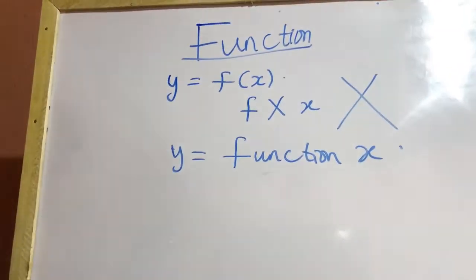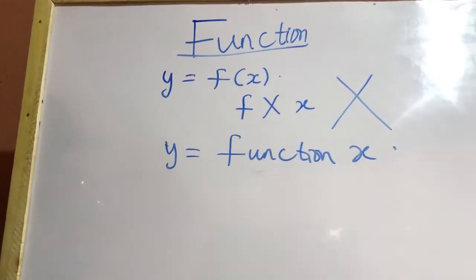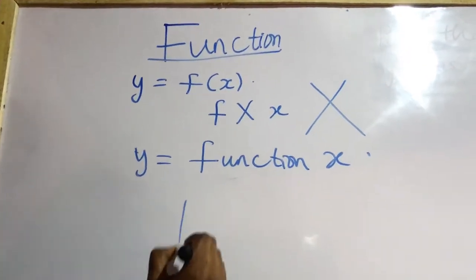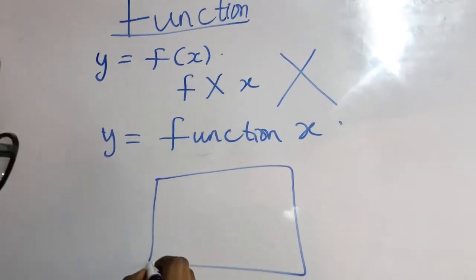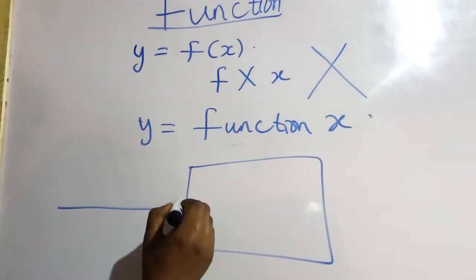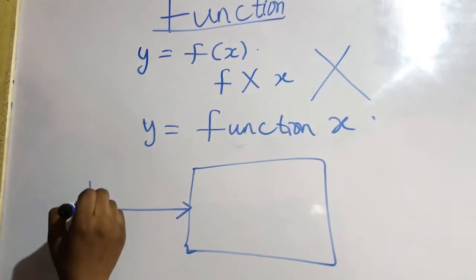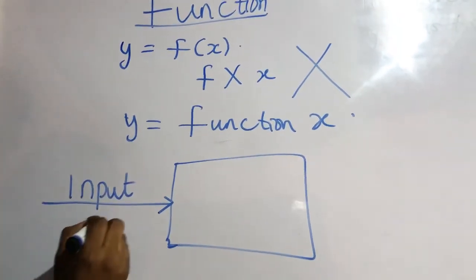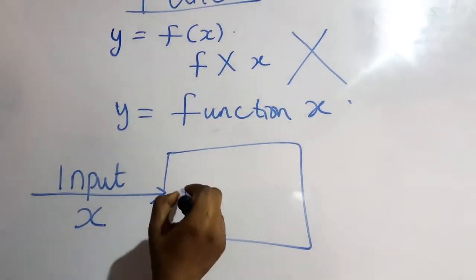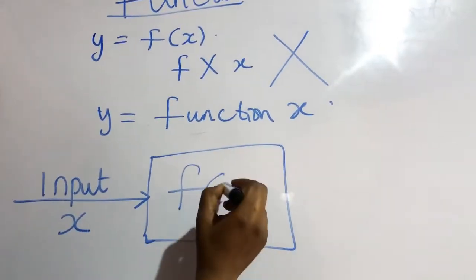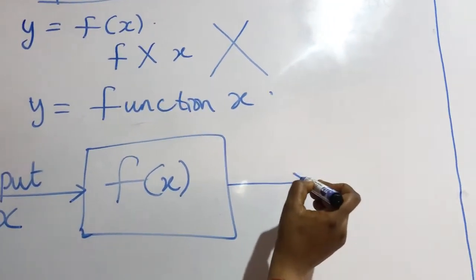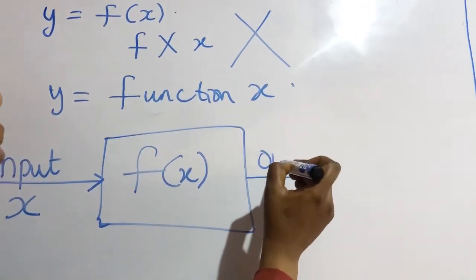Now that's the meaning. So this function is like a mathematical machine. That is, you input data, that input is in form of x, then it processes that f of x, and it gives out exactly one output.